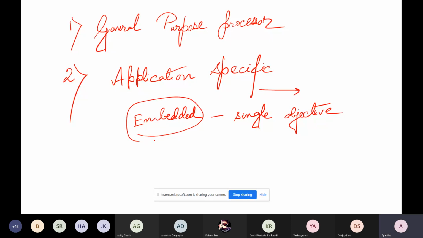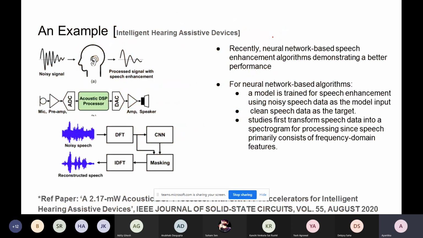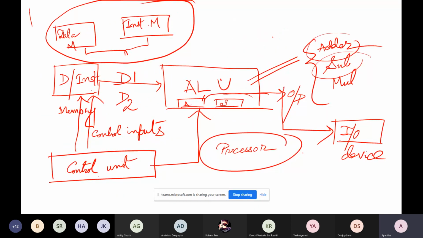There also, the processor is not as general as we consider in a general purpose processor, because when we consider a huge ALU, huge adder, huge subtractor, multiplier, or other blocks supporting complex operations, of course the area of this ALU increases.